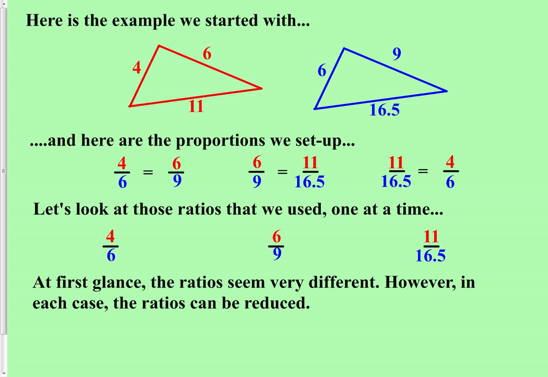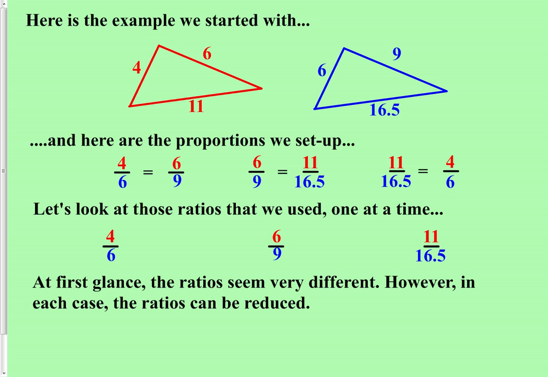If you're looking at a quadrilateral, you'd have four different ratios, and a pentagon would have five different ratios, and so on. But there would be ratios relating one figure to the other figure as far as corresponding side information. And there was actually more information going on in those ratios than we looked at to begin with.